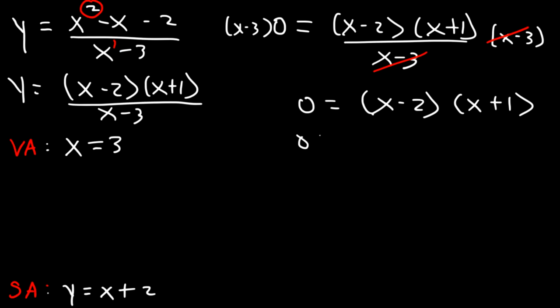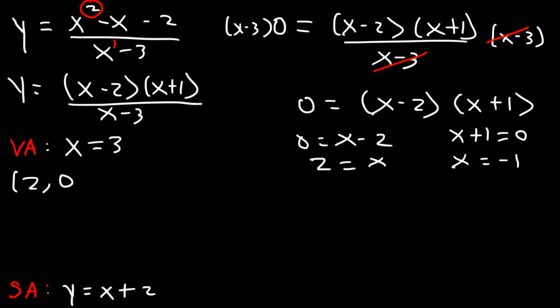So we could set 0 equal to x minus 2, because if this is equal to 0, 0 times x plus 1 is 0. And we can set the other factor equal to 0. So therefore x is 2, and x is negative 1. So those are the x-intercepts. We have the points 2, 0, and negative 1, 0.